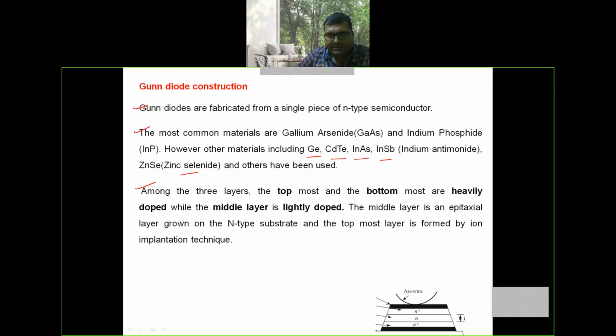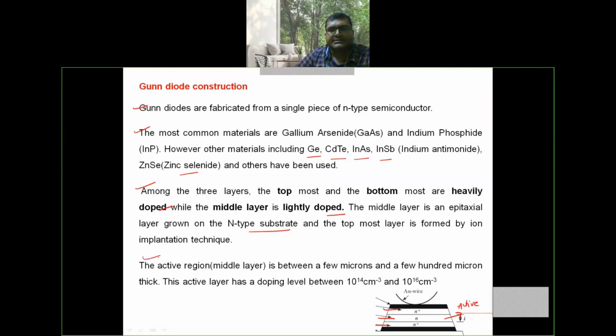Among the three layers, top layer, middle layer, bottom layer, the topmost and the bottommost are heavily doped, while the middle layer is lightly doped. The middle layer is also called active layer or active region. The middle layer is an epitaxial layer grown on the N-type substrate, and the topmost layer is formed by ion implantation technique.